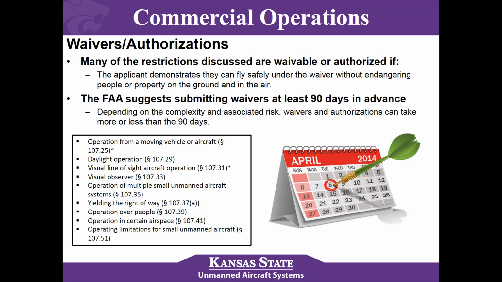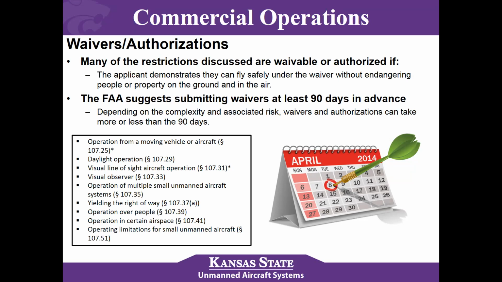You need to provide a lot of detailed information to the FAA stating how you're specifically going to operate, why, and most importantly, how you're safely going to do that, not only for yourself, but other users of the National Airspace System. For things like operating at night, the second bullet down, it says daylight operation. Essentially, 107.29 is the regulation for daylight, and in there it says that you have to operate only within daylight.